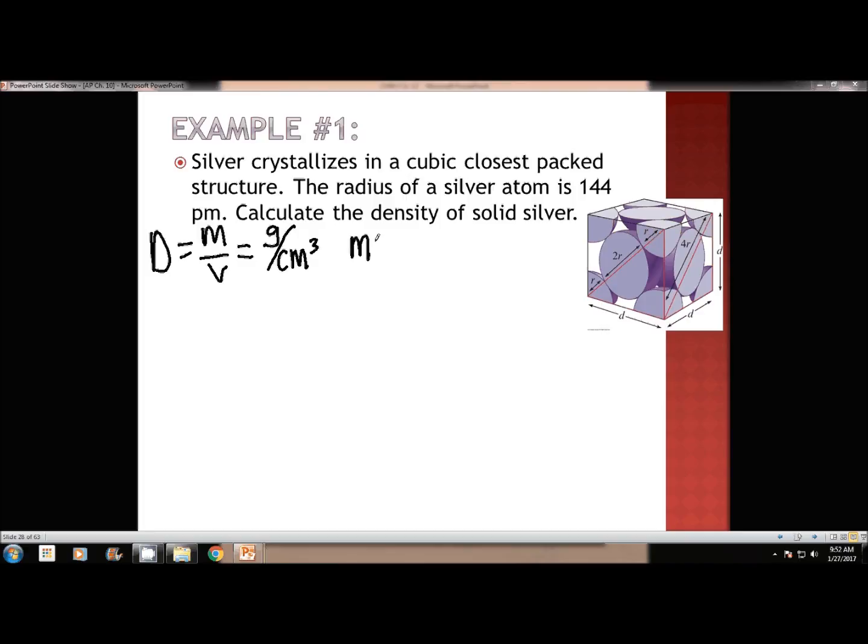So for the mass, we're going to do a little stoichiometry, mole map action, to convert our 4 atoms that are total in the box to mass. If you follow on the mole map, we know that atoms can change to moles with Avogadro's number. So it's going to be 1 mole over 6.02 times 10 to the 23rd. And that will cancel out our atoms.